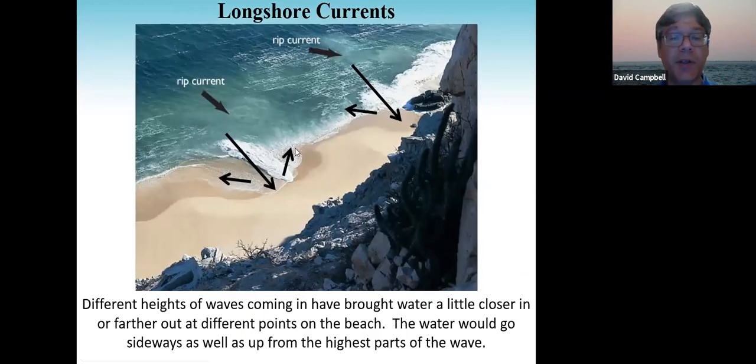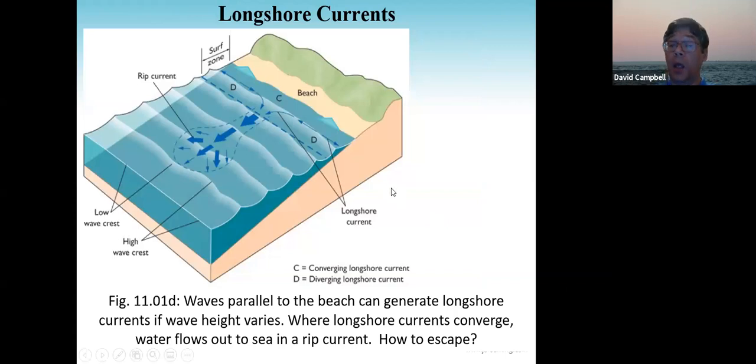Here's an example of this. You see where a bigger wave has come up and some water draining off to either side, making currents that go sideways along the beach.